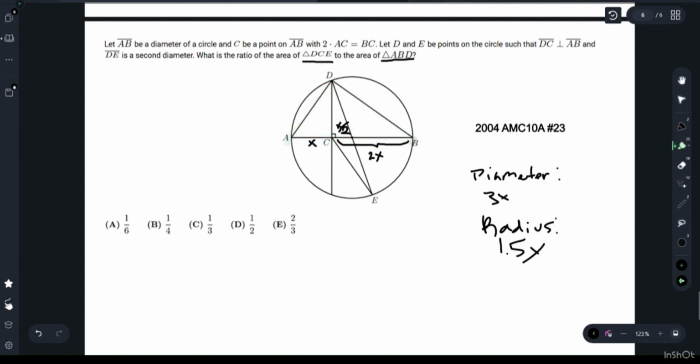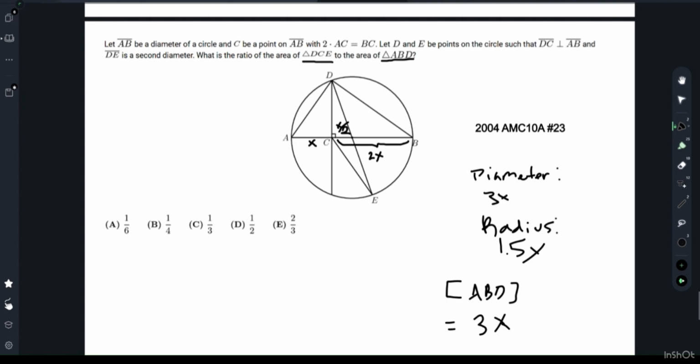We can have AB multiplied by DC. So let's write that down. So we have the area of ABD is going to be 3x times DC over 2.